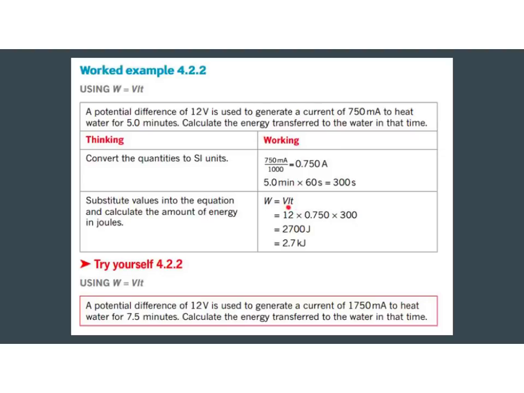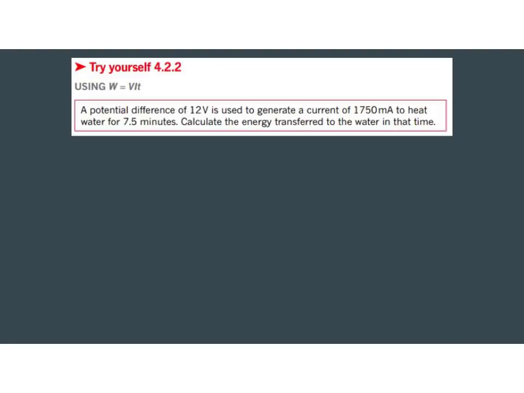Current in SI units is amps, and voltage in SI units is volts. So we've been given 12 volts, 750 milliamps, 300 seconds, and we got 2.7 kilojoules. That was to be transferred into water, so that must be a hot water system. Try it yourself. Read through this question, pause the video, and come back.